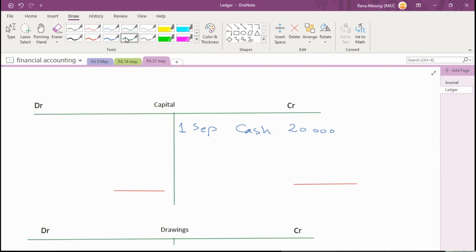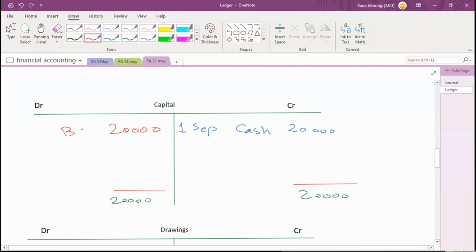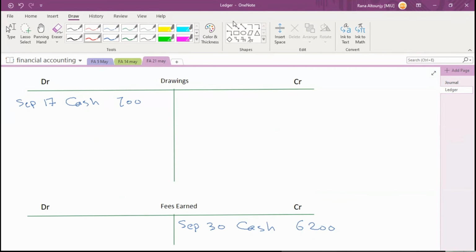Okay, this account is the same. The side here is 20,000, so we need to make this side also 20,000. So we put the balance 20,000, and it is also a credit balance. Also this account is 700.